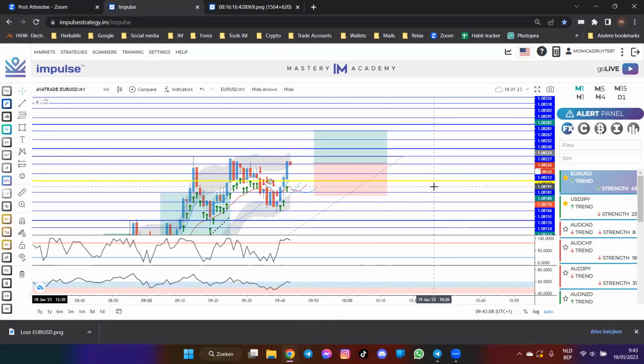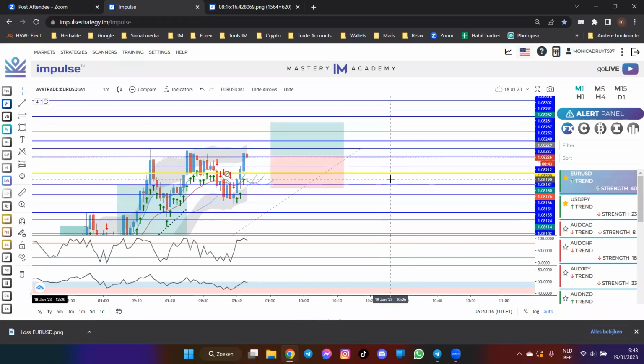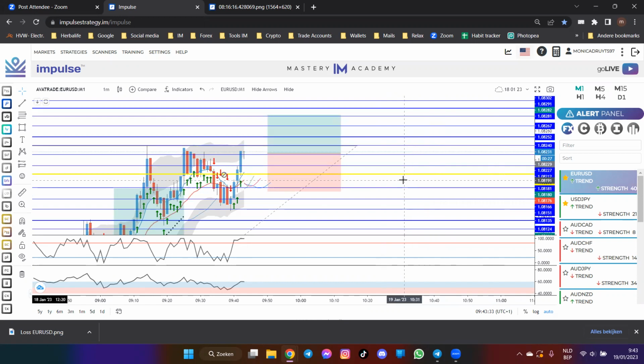Something that I consider is around the institutional level. This isn't always the case, but if it goes more than 5 pips past, it will probably come back and retest. If it only goes up about 2 pips, then it's probably going to get into consolidation.